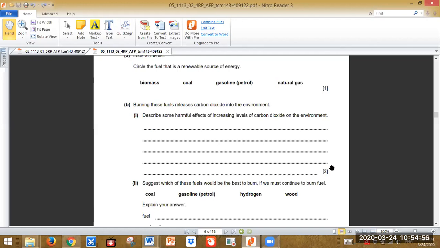But you have to make sure that in this answer you write 3 pieces of information because the question needs 3 marks here. For each piece of information, you will take 1 mark, okay?